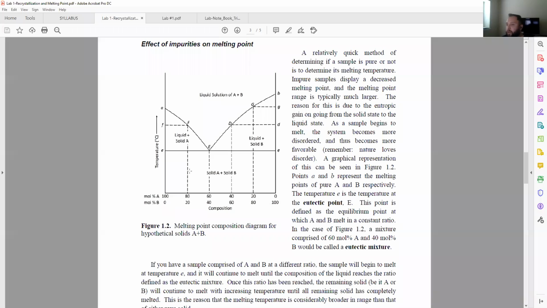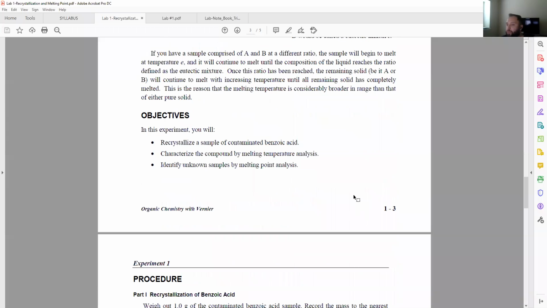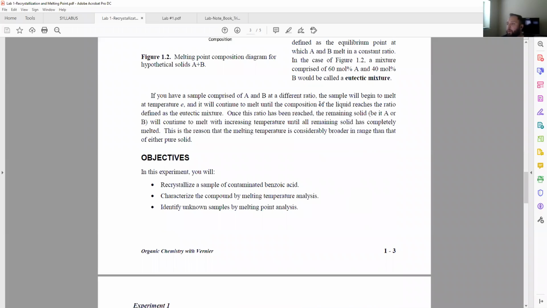So with an 80-20 versus a 60-40, how that affects the melting temperature, and how it's on a curve here. It says you have a sample comprised of A and B at a different ratio. The sample will begin to melt at temperature E and will continue to melt until the composition of the liquid reaches the ratio defined at the eutectic mixture.